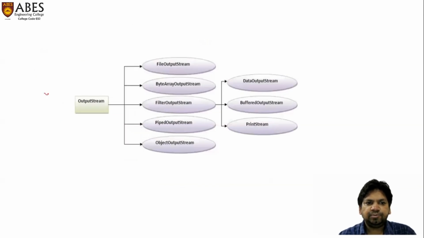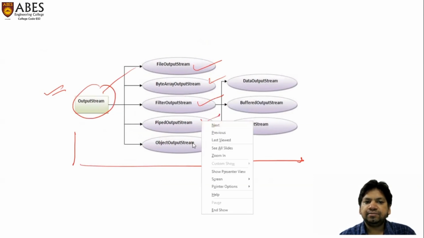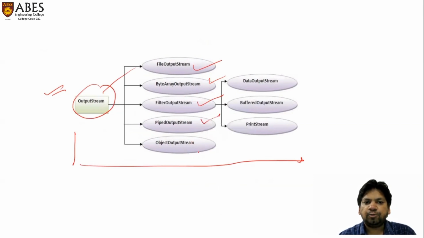You can see this picture showing the classes in detail. The OutputStream, FileOutputStream, first thing. ByteArrayOutputStream, third thing. FilterOutputStream, fourth. PipedOutputStream, fifth. ObjectOutputStream.